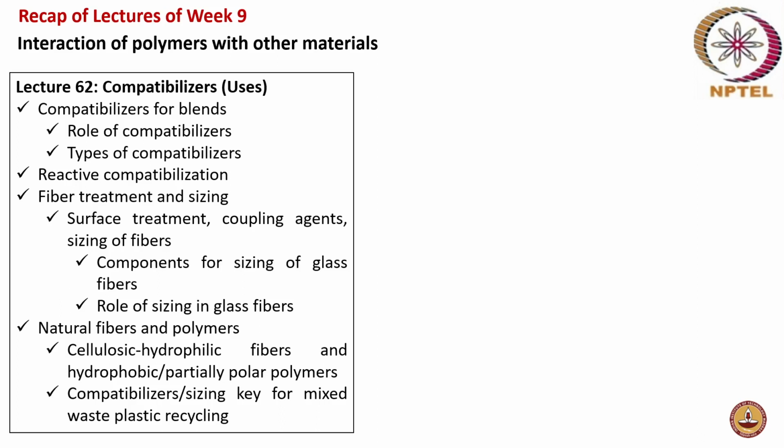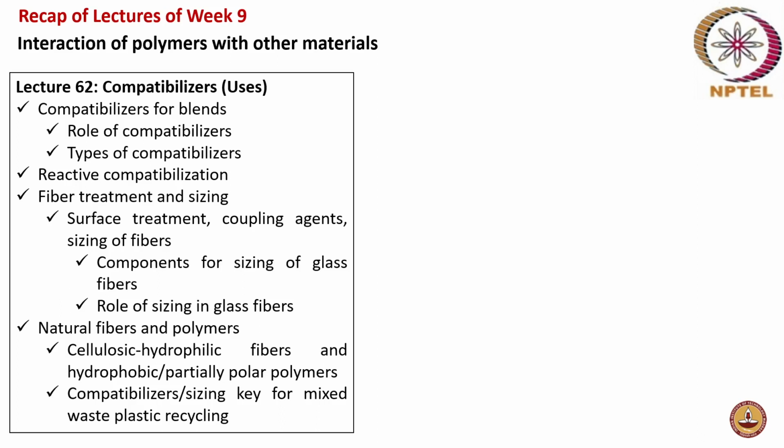In case of non-reactive compatibilizers, some examples include graft and block copolymers, or a core shell impact modifier. There will be a core and a shell, and the shell helps in connecting two different polymers, acting as a compatibilizer.